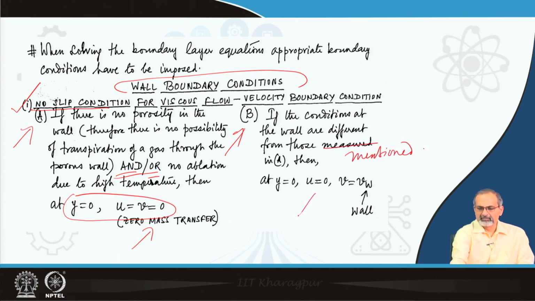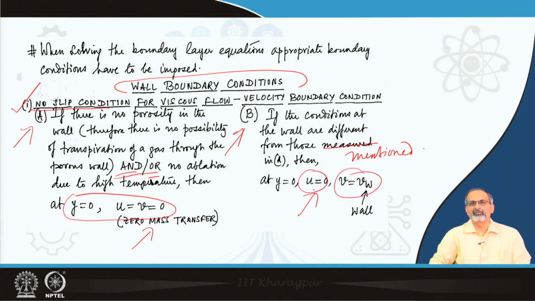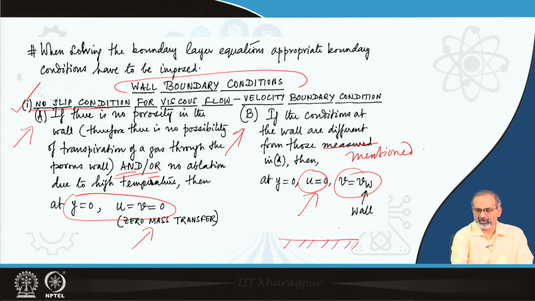then at y equal to 0, u equals 0 will still be consistent. However, there would be a non-zero value of the v component, which is essentially the wall normal component. So, what we are talking about over here is that the wall exists along the x direction, the wall normal direction is y, and y equal to 0 basically defines the wall.